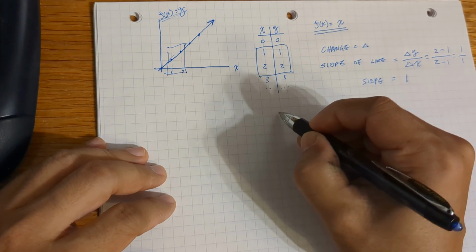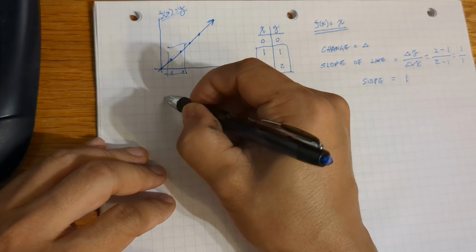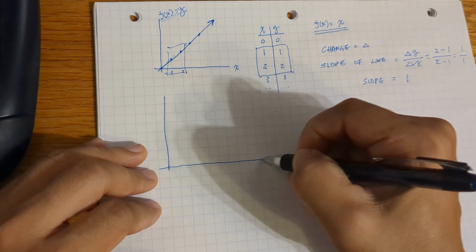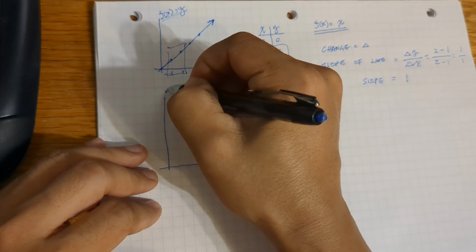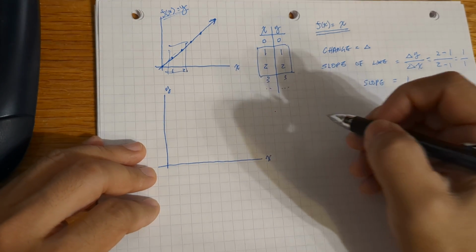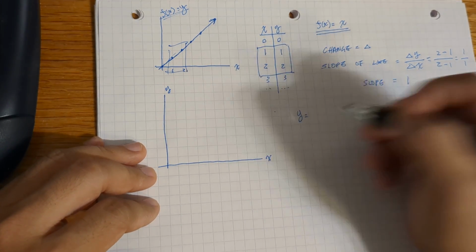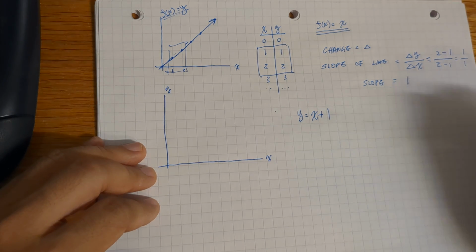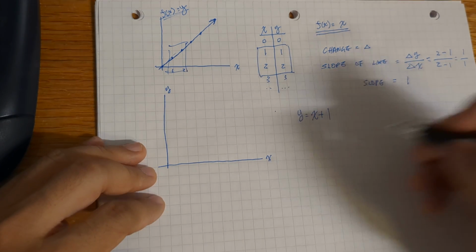So if we create a new graph, x, y. So if y is equal to x plus 1, what does that line look like?